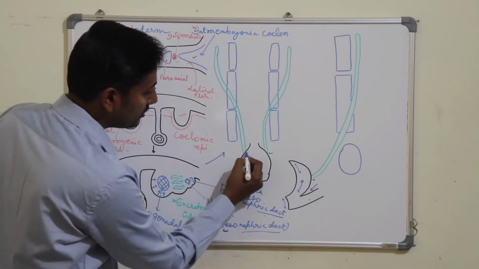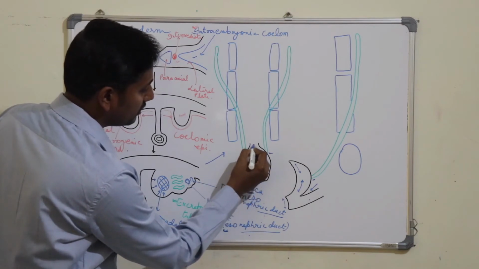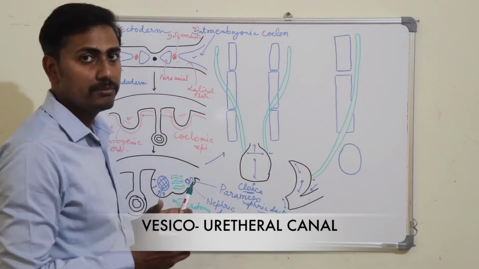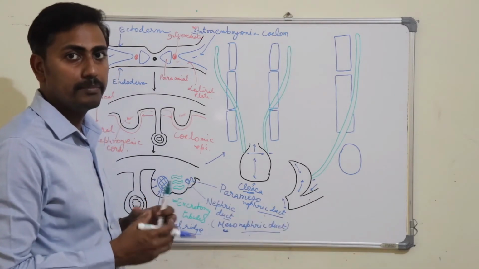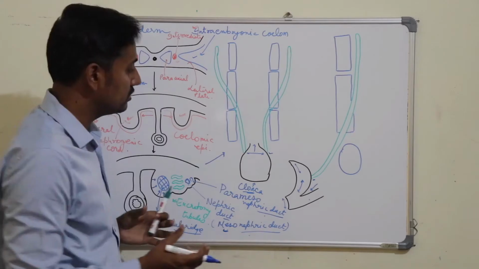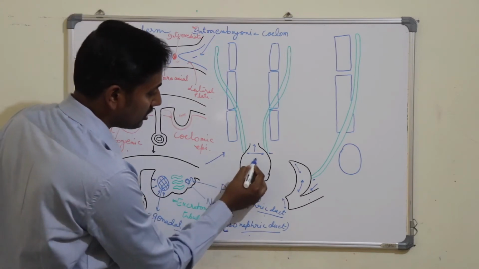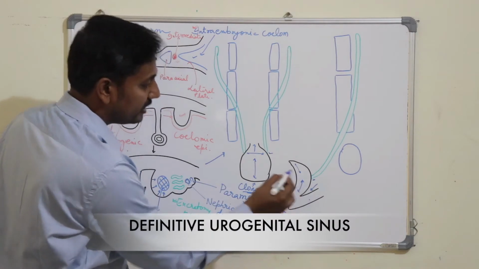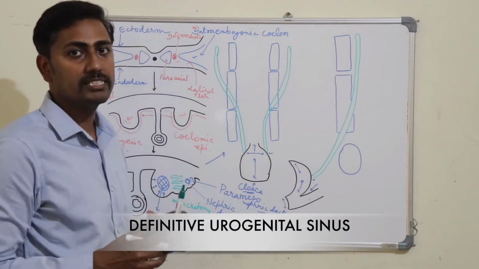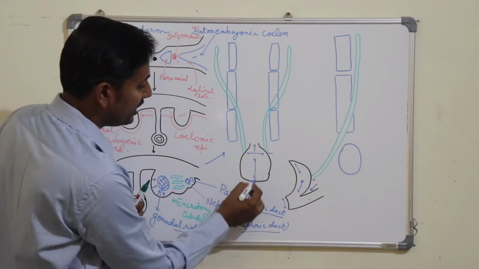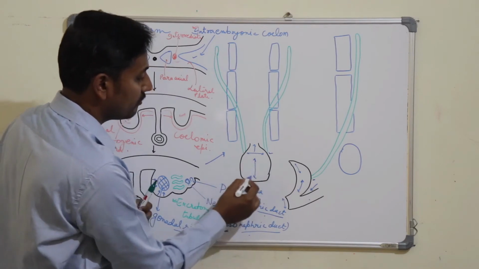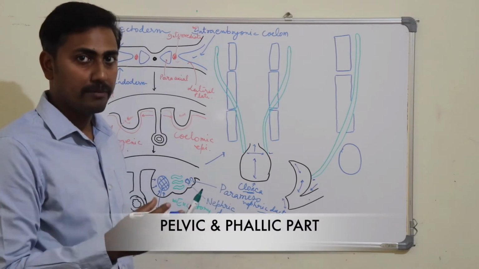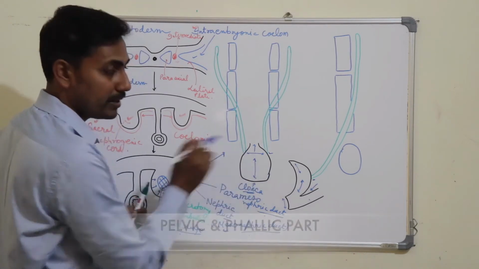The upper part is known as the vesico-urethral canal, which will form the urinary bladder and the primitive urethra. The structure below, this area, is known as the definitive urogenital sinus. This definitive urogenital sinus will again be divided, with further development, into a pelvic part and a phallic part.